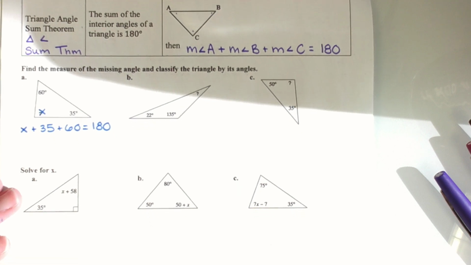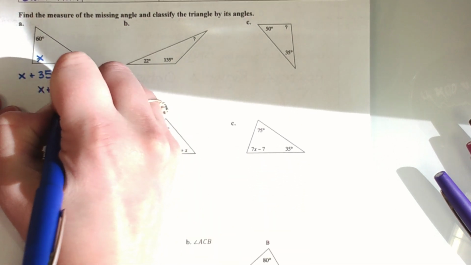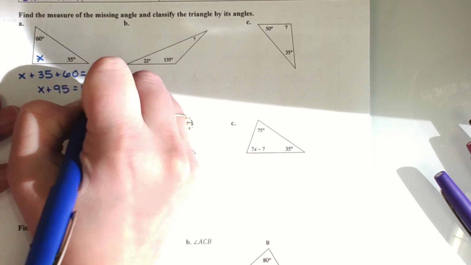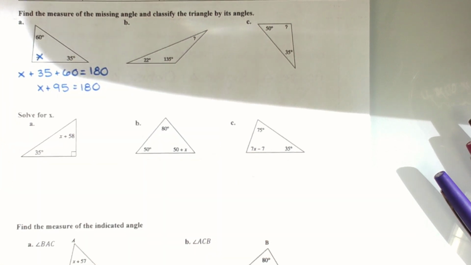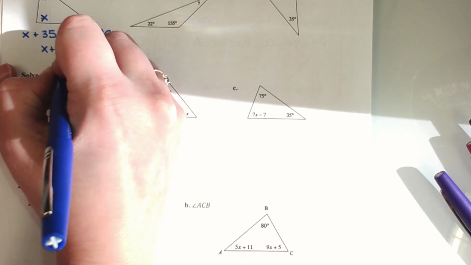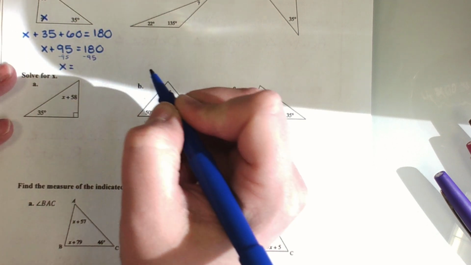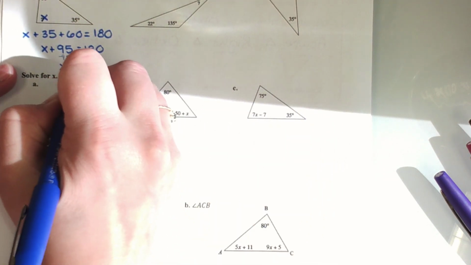You have to combine the like terms. 35 plus 60 is 95. So then x plus 95 equals 180. Now what you have to do to get to your number is subtract 95 from 95 and from 180, and then whatever that is, x equals that, and then divide.